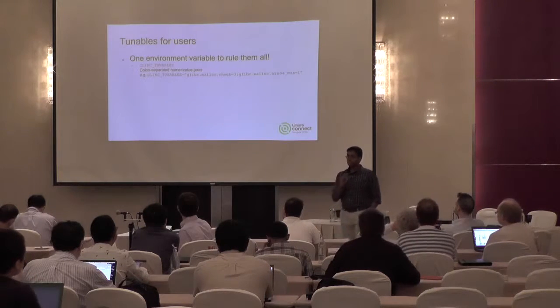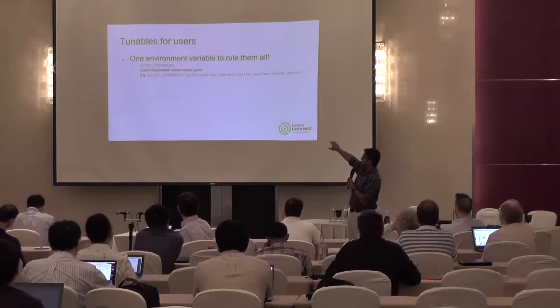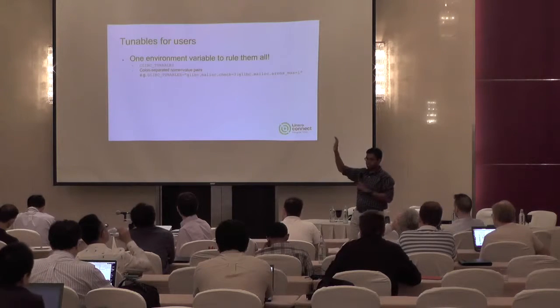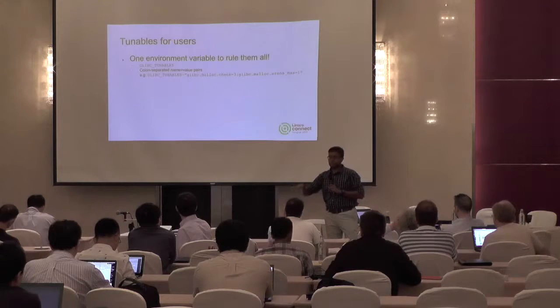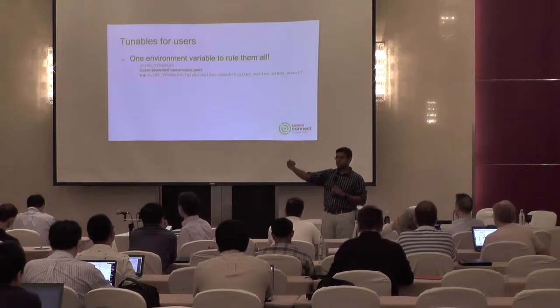So these are actually for users, and for these specific values like malloc check and arena max, if you're talking about them, they're features that are already implemented in the library, and they're documented in the libc manual.